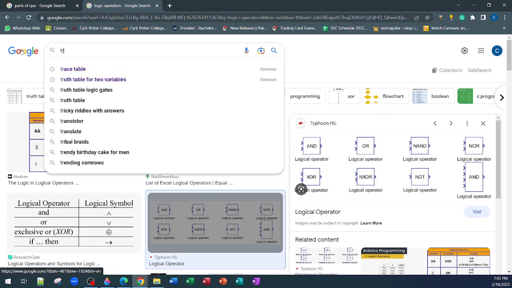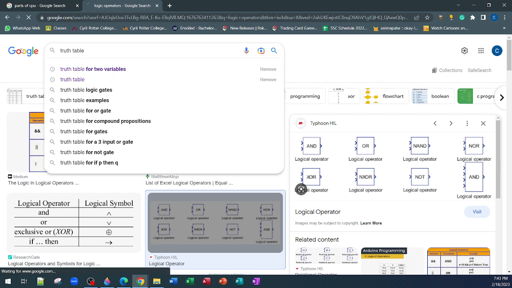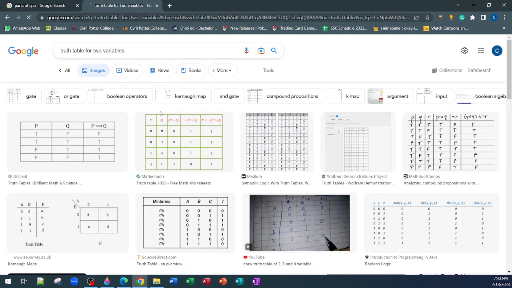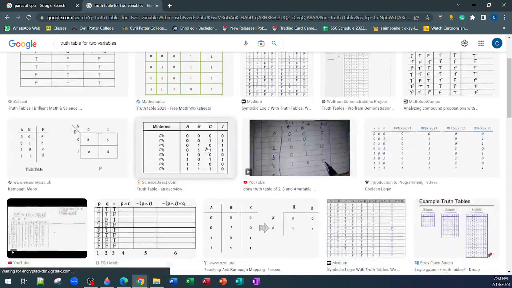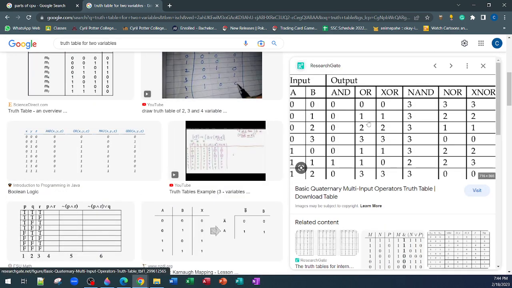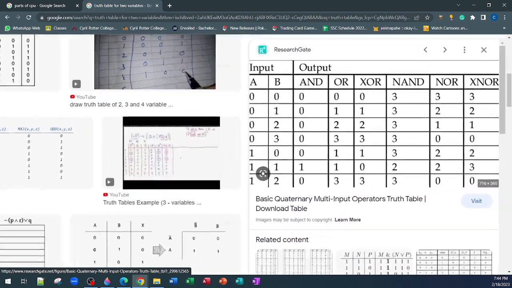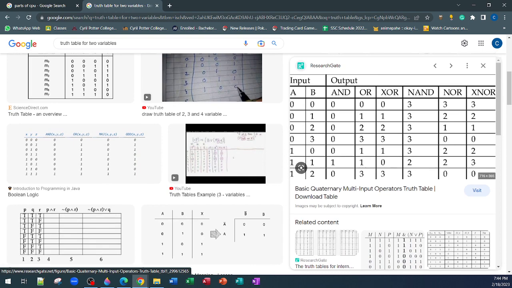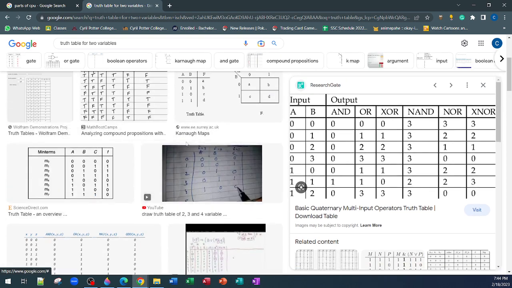Yes, sir. I'm going to send you guys, looking for a simple one. Okay, this one here. So I'm going to send you guys this table later. Why is the table like that?